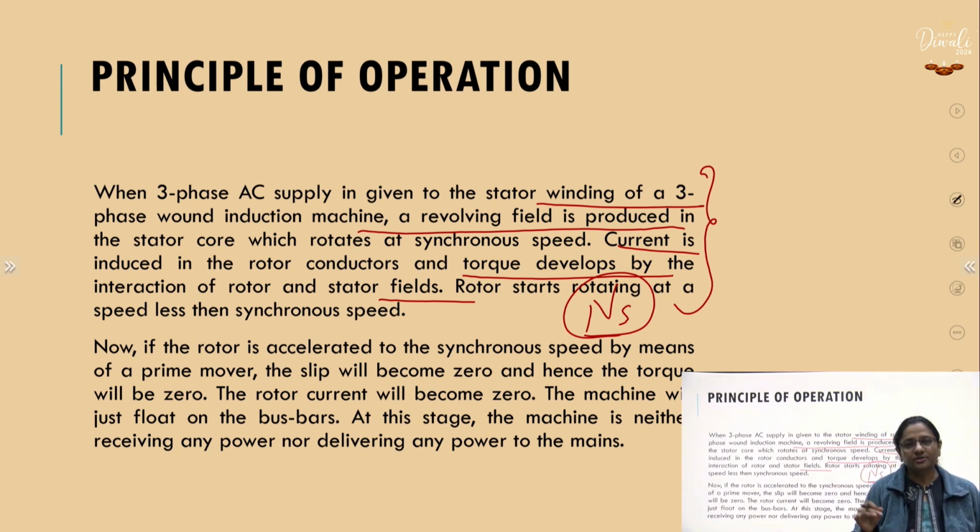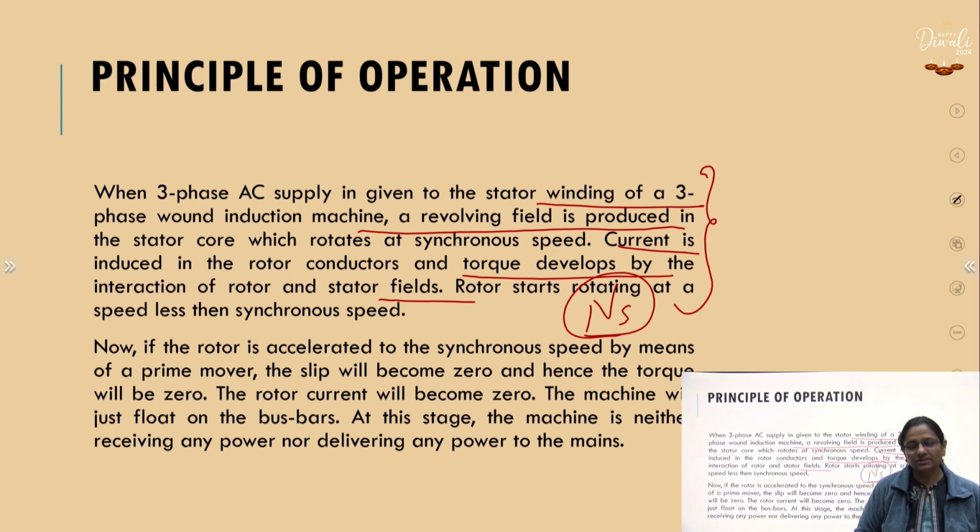Remember, the machine is still connected to the existing grid, and this is the unique operation of an induction generator, that it draws the reactive power from the grid and at the same time it starts supplying the active power to the grid if the rotor is rotated at a speed which is more than the synchronous speed.